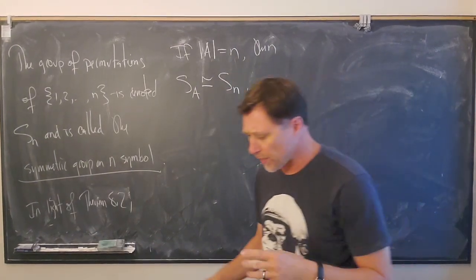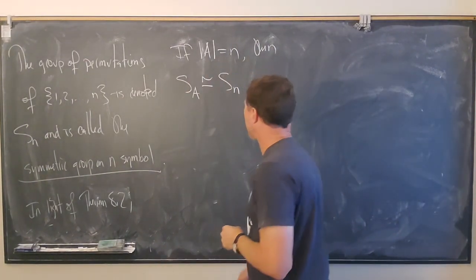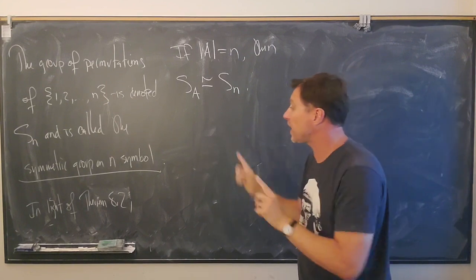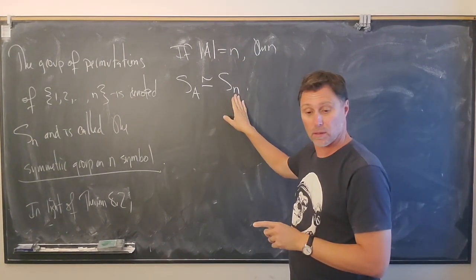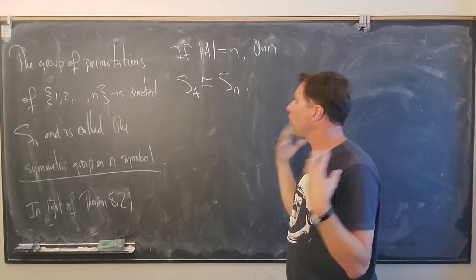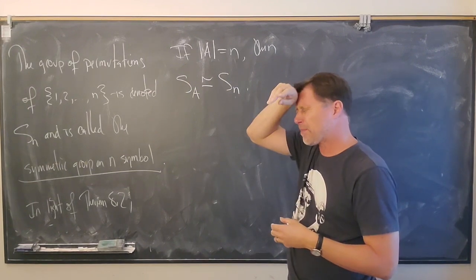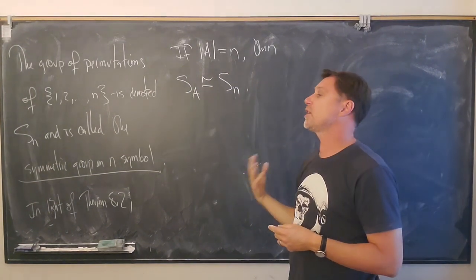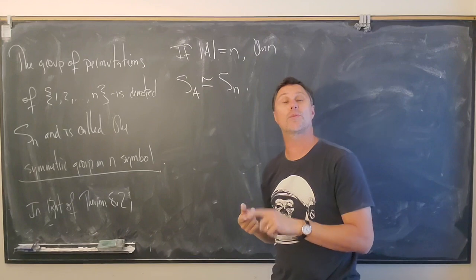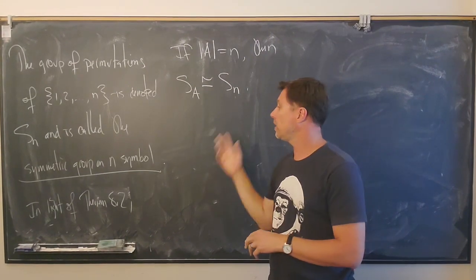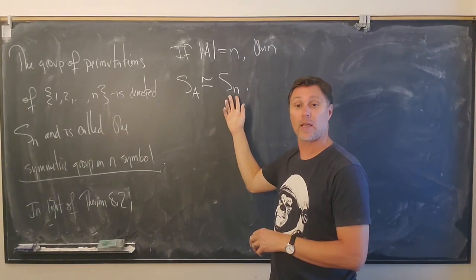And so you can think of it this way: the prototype permutation groups of finite sets is S sub n. Let me say that better. Everything you need to know about permutation groups of finite sets is contained in studying S sub n.